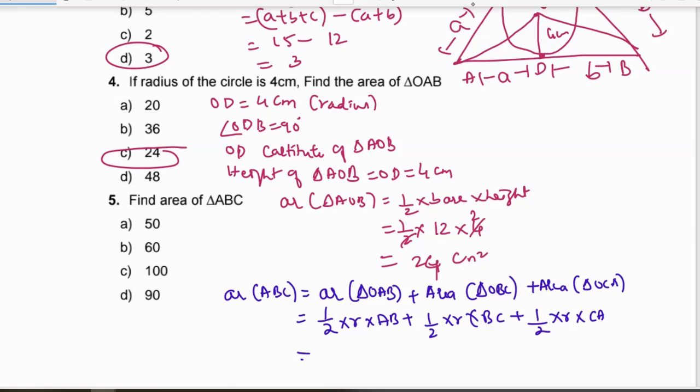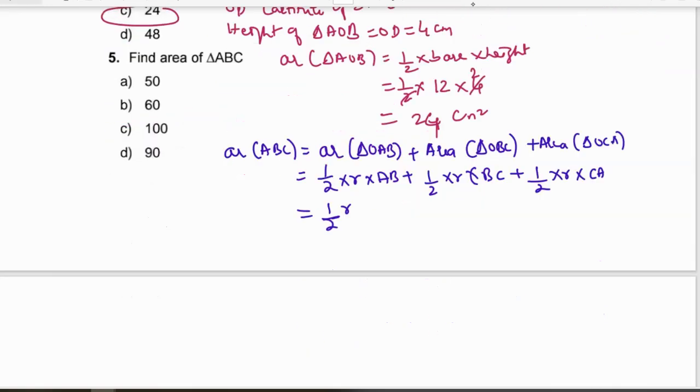So now half into radius is common for all the three. If you take common we get AB plus BC plus CA. So these values we know already. So here radius is how much? 4 centimeter. Half into 4 into 12 plus 8 plus 10.